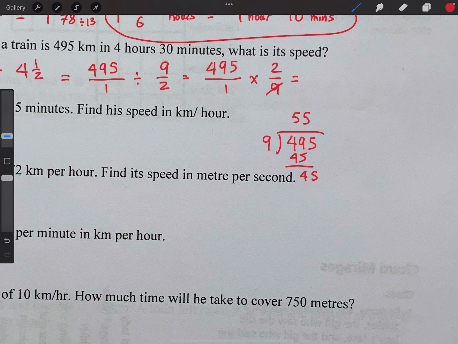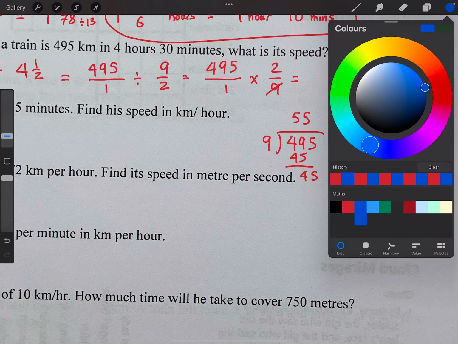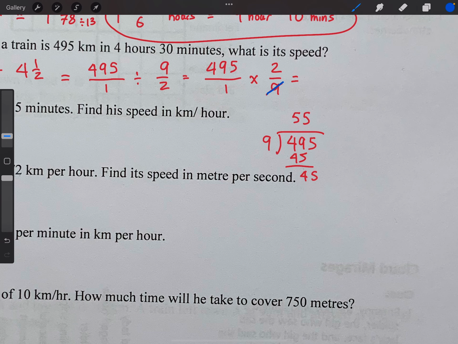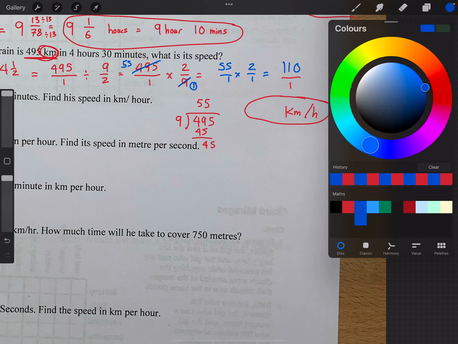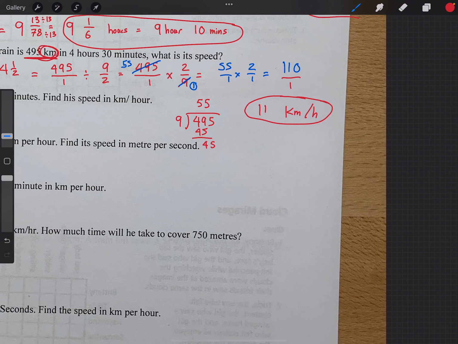Okay, so that means I can simplify this. I'll divide this one by 9 and I'll get 1. So that's 55 times 2, which is 110. So the answer here should be 110 kilometers an hour.